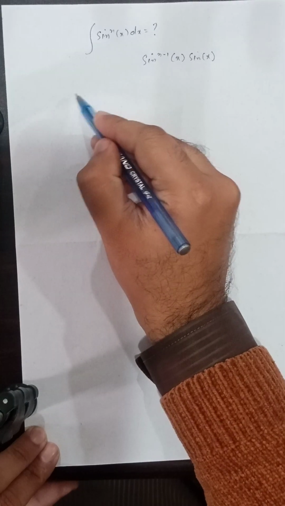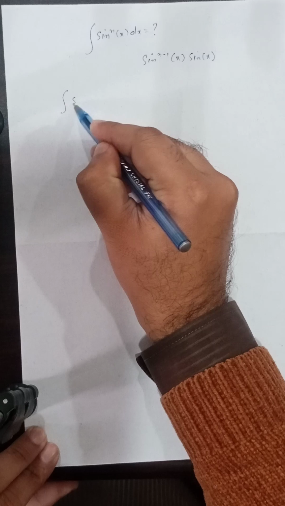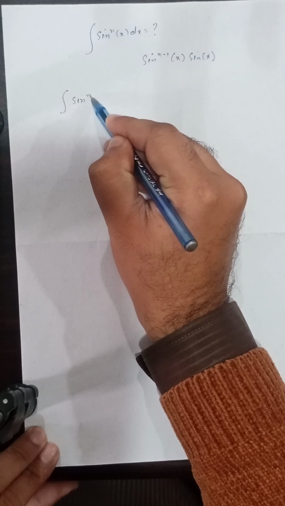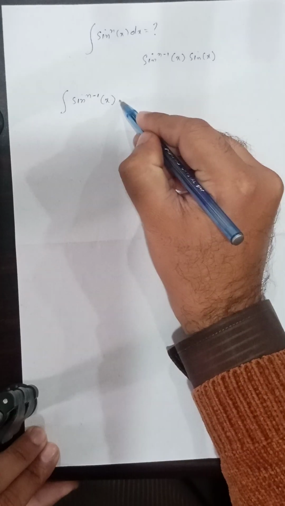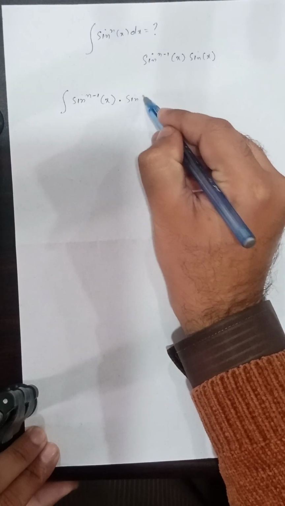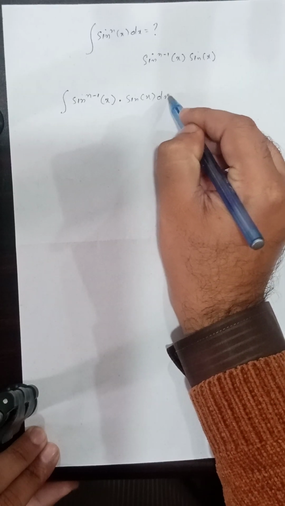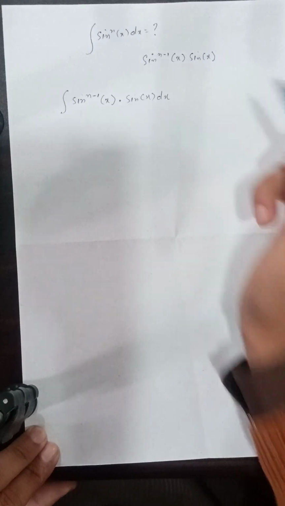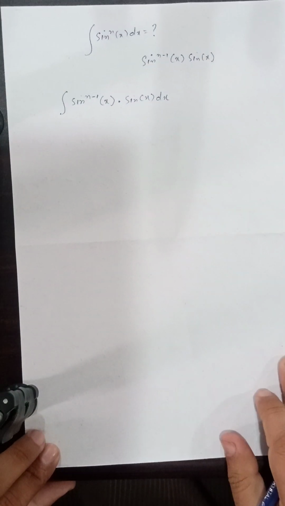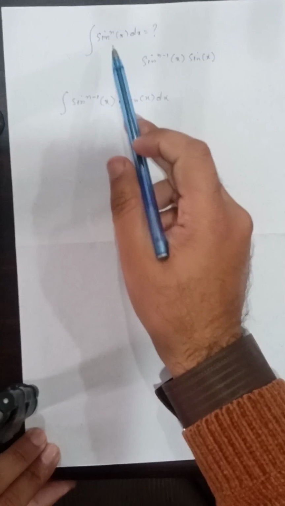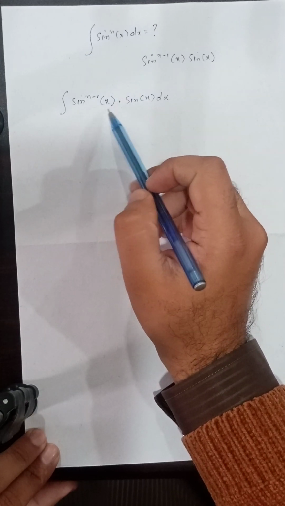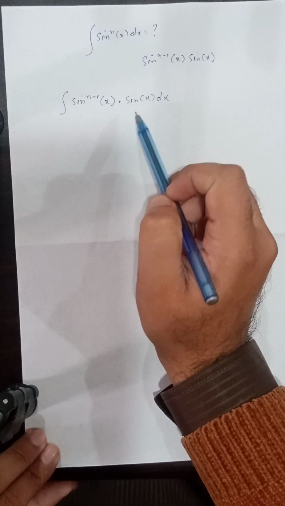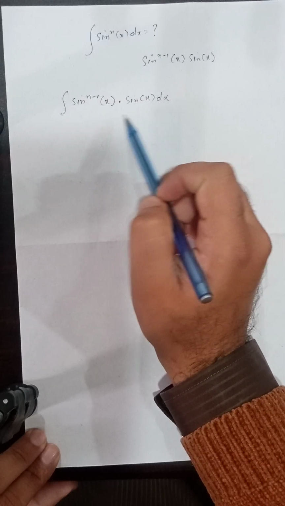So I can write it as the integral of sine power n minus 1 of x with sine of x with respect to x. This is the function which is equal to sine power n of x.